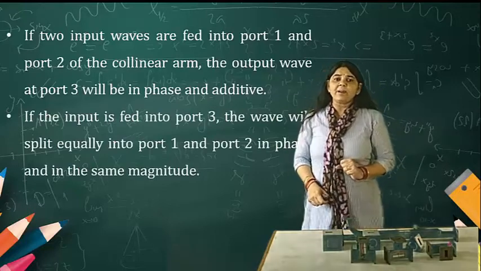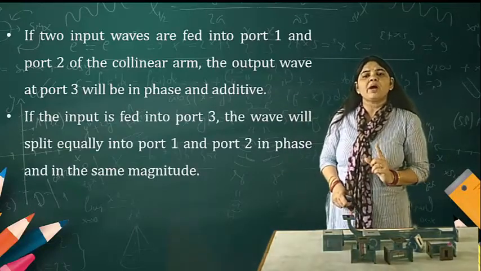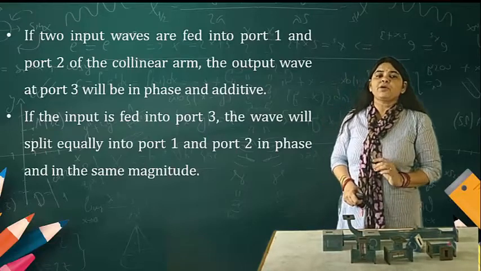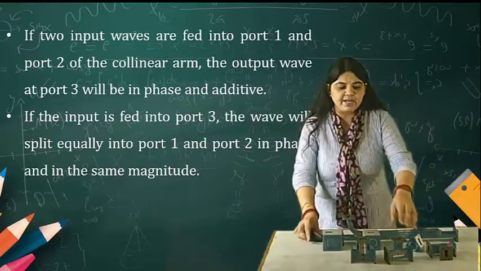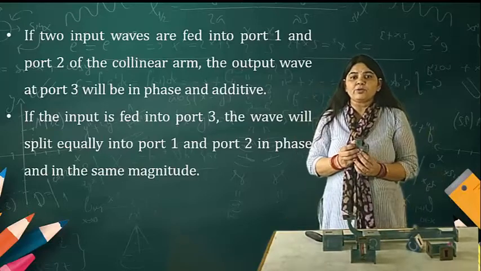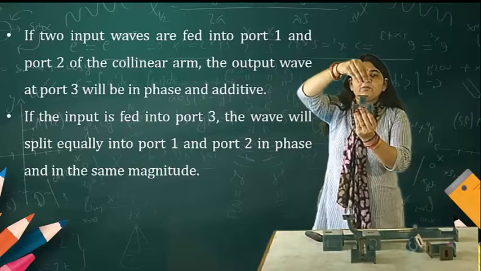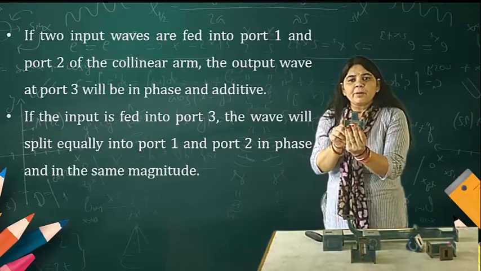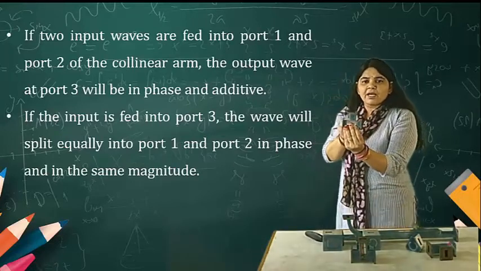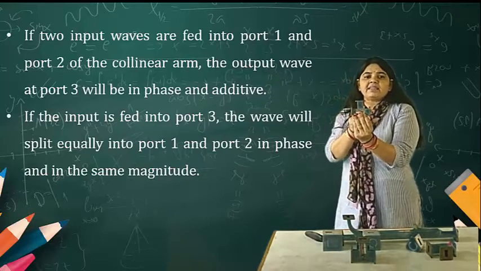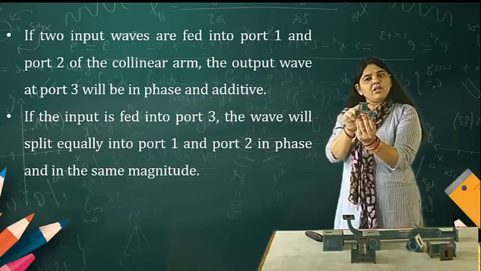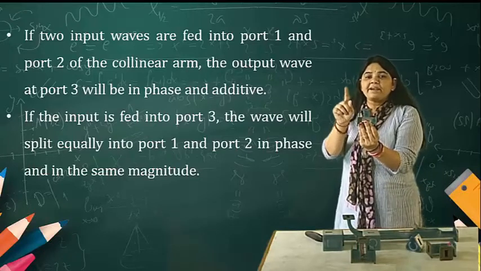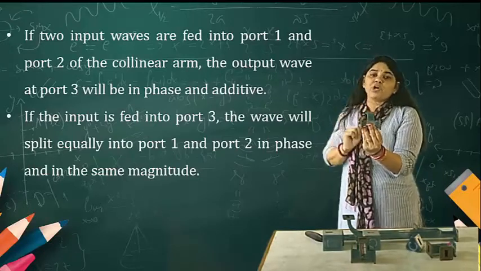Now instead of applying the input from port number 1 and port number 2, suppose you apply the input from port number 3. In the case of the E plane T, I told you that when you apply the input from port number 3, the outputs at port number 1 and port number 2 have the same magnitude, but they were out of phase.